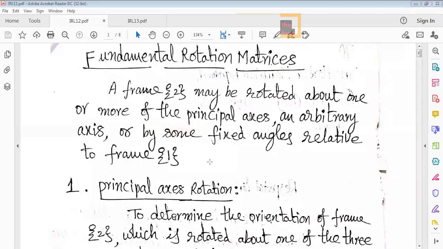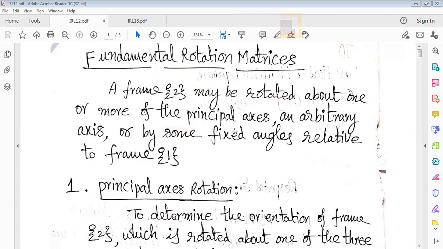For example, frame 2 may be rotated about one or more of the principal axes, or any arbitrary axis, or by some fixed angles relative to frame 1. These are the matrices that arise between frames 1 and 2.